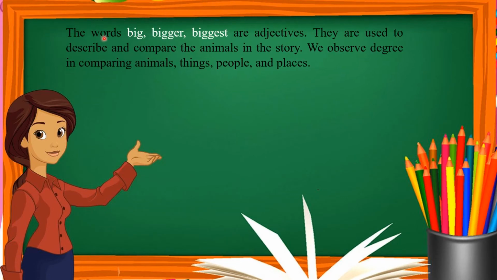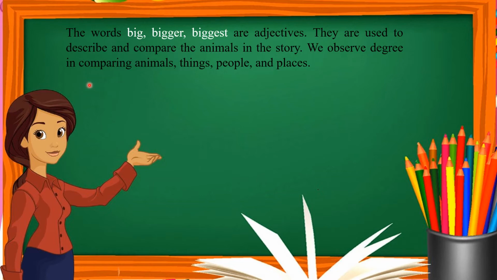The words big, bigger, biggest are adjectives. Everybody here, they are used to describe and compare the animals in the story. We observe degree of comparing animals, things, people, and places. Okay, everybody read this one. Everybody, eyes in front. Okay, start. The words big, bigger, and biggest are adjectives. They are used to describe and compare the animals in the story.